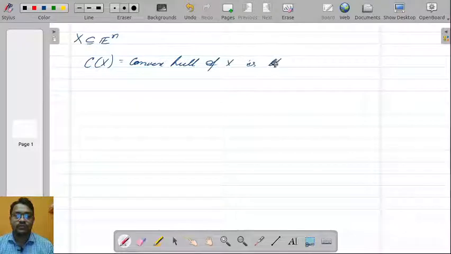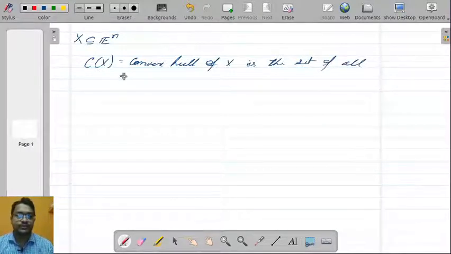It is the set of all convex combinations. By definition itself, a convex combination means a combination of a finite number of points.